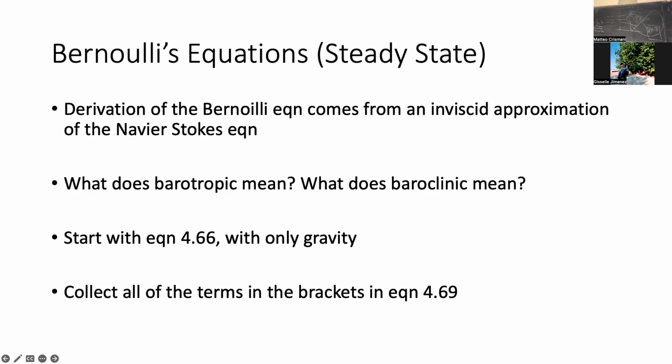I don't know which Bernoulli this is, but essentially what we're going to do is start with something very straightforward. We're going to look at that equation over there, and imagine that it's inviscid. What does inviscid mean? No viscosity. So that's easy. That whole term on the end is gone, and I just have this dP/dx and this rho g term.